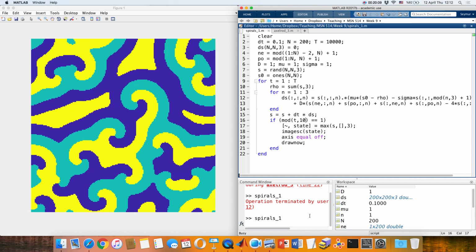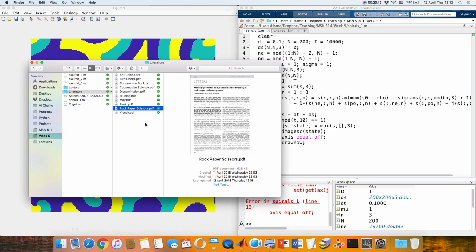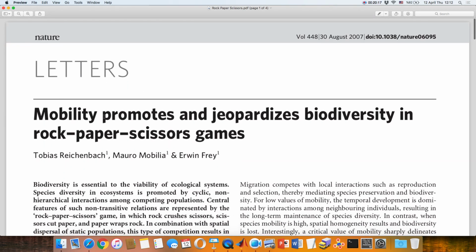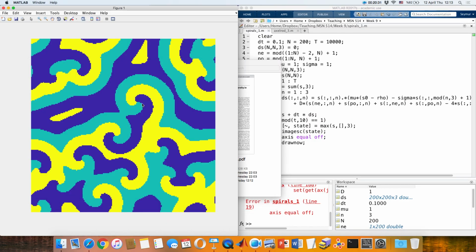And this Nature paper says that mobility, which is in our case the diffusion, promotes and jeopardizes biodiversity. Okay? It promotes and jeopardizes at the same time. So it promotes because that way you have diffusion and you have the spirals emerge.